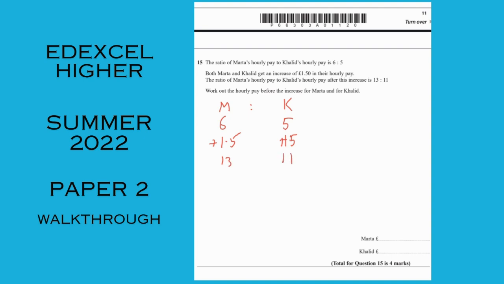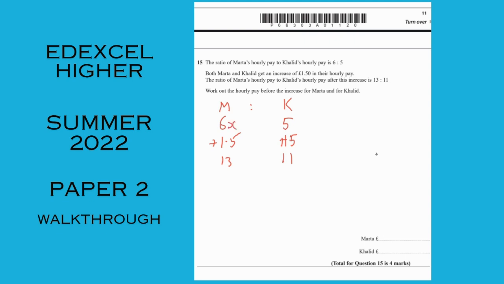And obviously you could sit there with guesswork, but the idea is in ratio, it's all in the correct proportion. So there's this unknown amount. There's this 6 times what? What is their hourly pay? 6 times what?